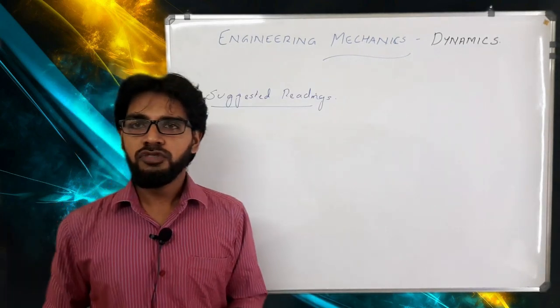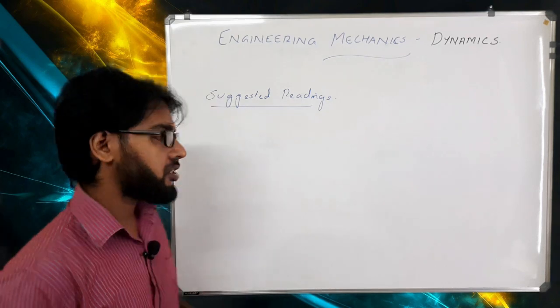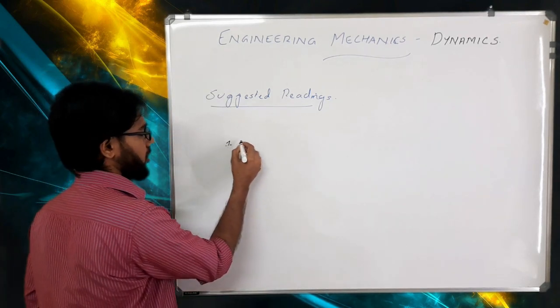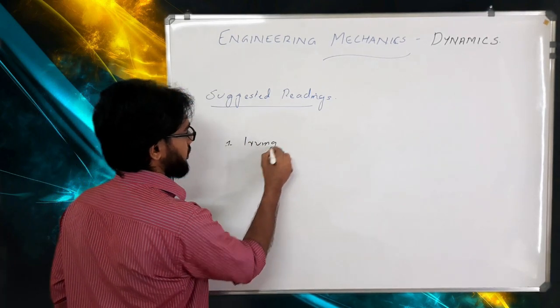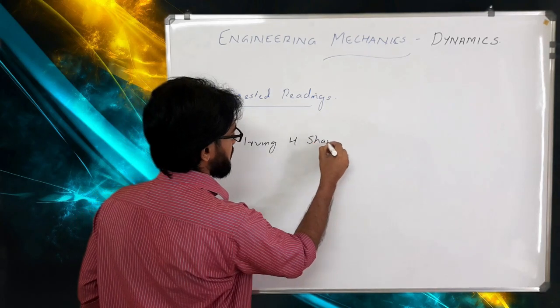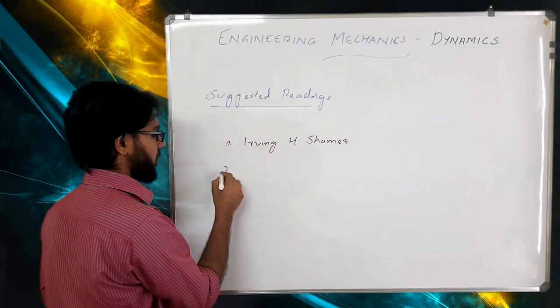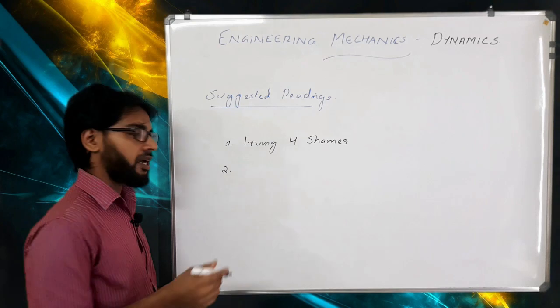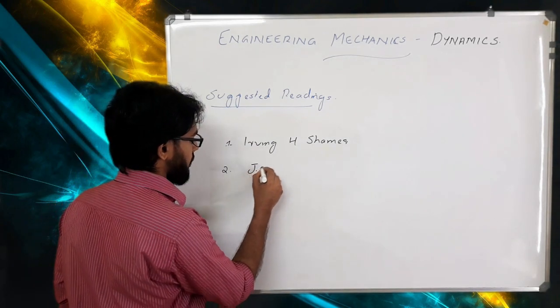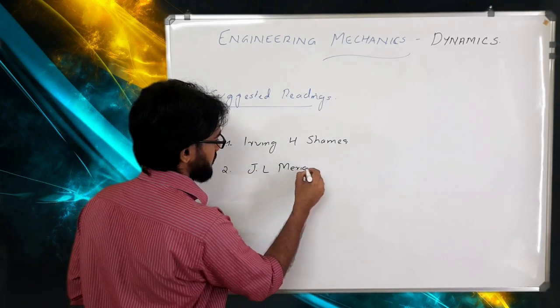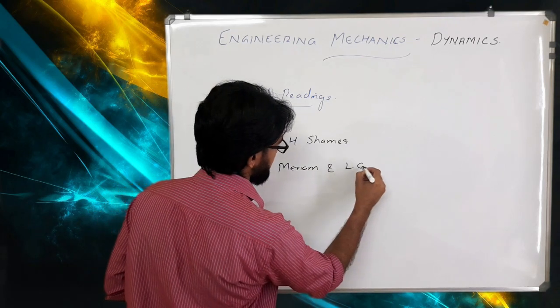The suggested books for this course shall be Engineering Mechanics by Irving H. Shames. The second book, Engineering Mechanics Dynamics by J. L. Meriam and L. G. Kraige.